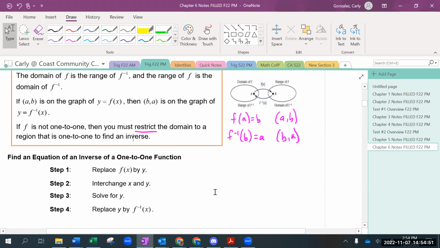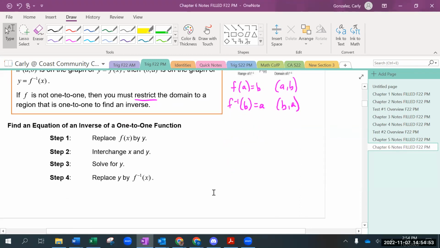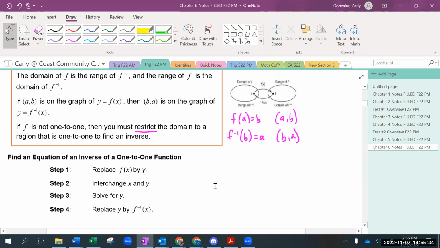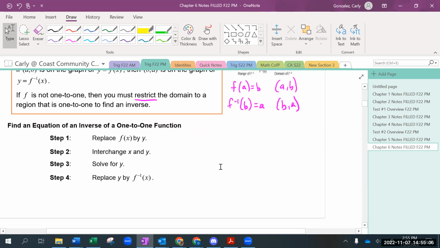So let's end the subskills section today with looking at how we actually find an inverse. This is more of a strategy. Actually, I want to come back real quick to restricting the domain.